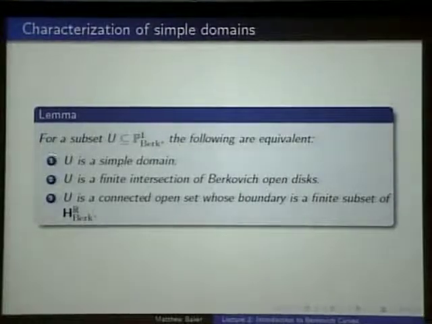So I guess what I had in mind here was that the definition of 1 was from the previous slide, the inverse image R gamma inverse of V. So those things are just the same as finite intersections of open disks, which is the same as any connected open set whose boundary is a finite set of points. Brian?